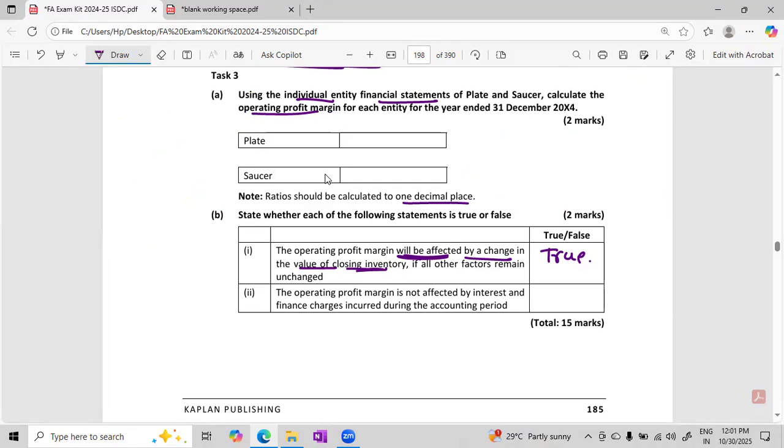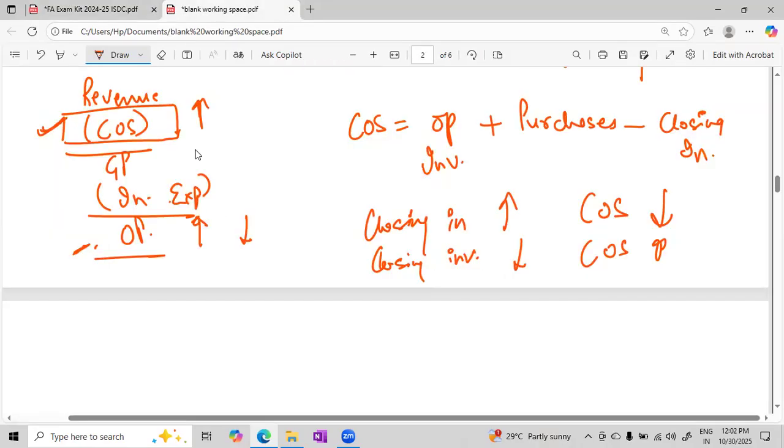Let's see another part. The operating profit margin is not affected by interest and finance charges incurred during the accounting period. This is again true, because interest and finance charges are deducted after operating profit. We calculate our ratio using operating profit and revenue.